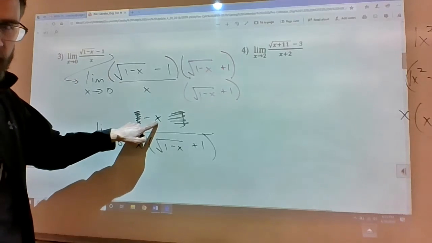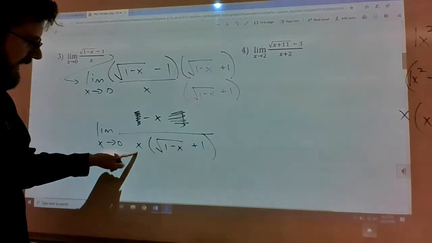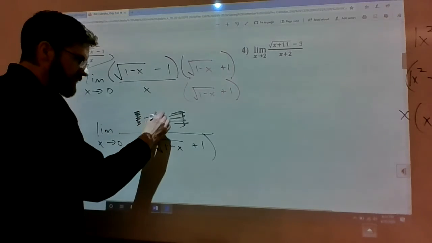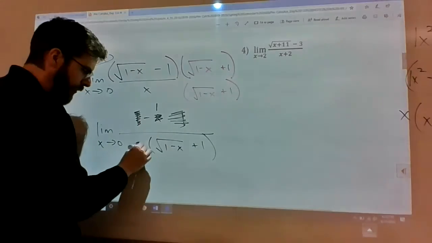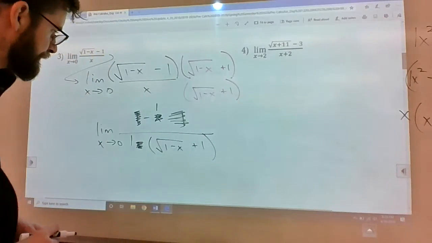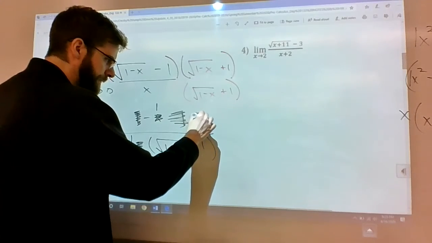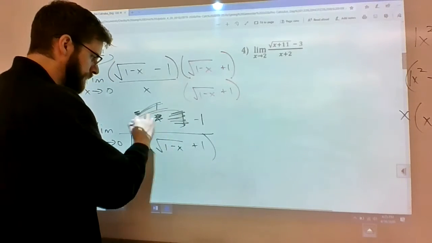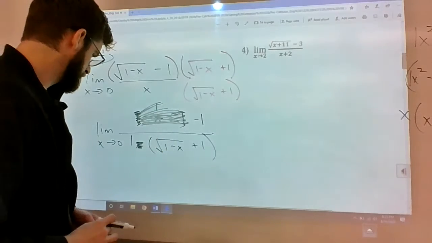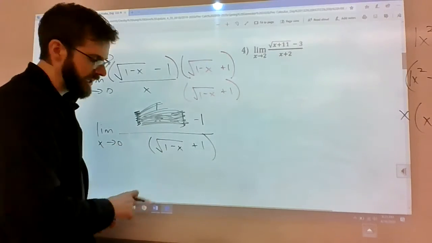This x factors out this x down here. X divided by x is 1 over 1. We just canceled out the domain issue. So there's now a negative 1 on top.